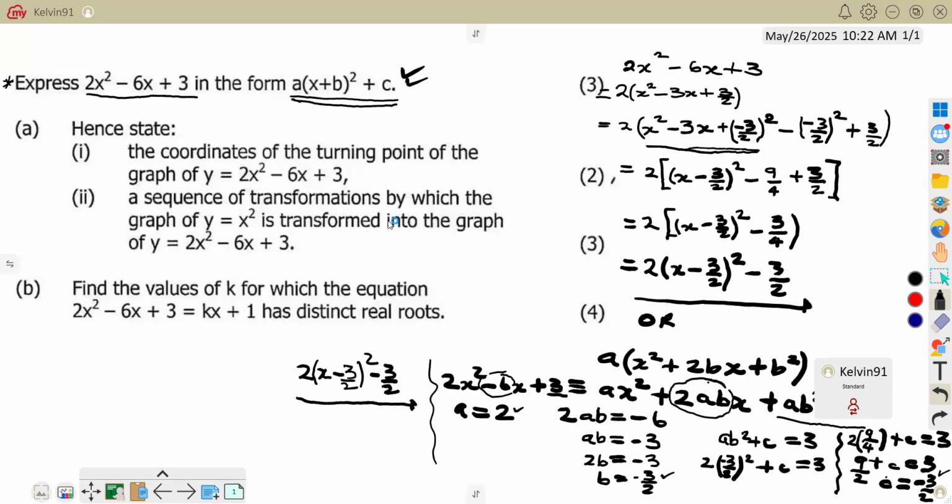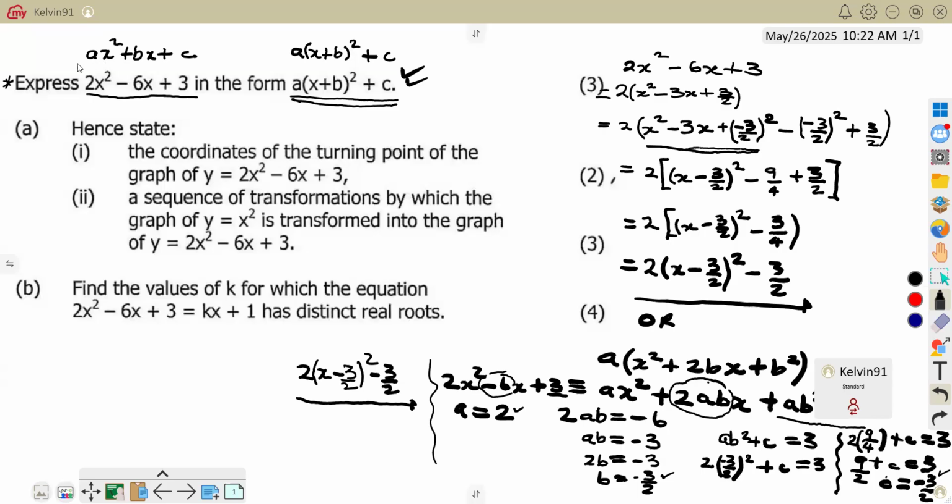Then conclusively, if you check this term written here, it's a standard quadratic expression in the form ax squared plus bx plus c. If you check this term here, it's written in the form a, open bracket, x plus p squared plus c.